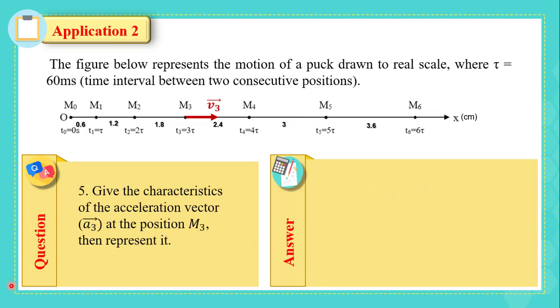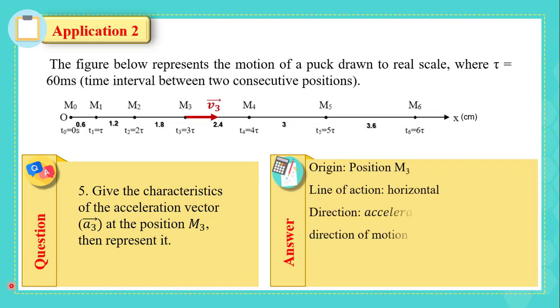Finally, you are asked to give the characteristics of the acceleration vector A3 at the position M3 and represent it. The origin of A3 is the position M3, the line of action is the horizontal axis. Direction, since it is an accelerated motion, then it is directed with the direction of motion. The magnitude of A3 was calculated to be 1.6 meter per second square.